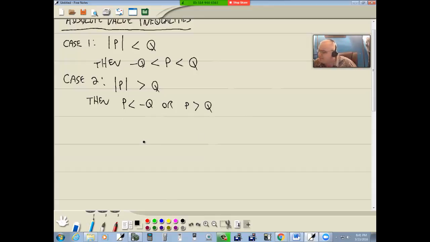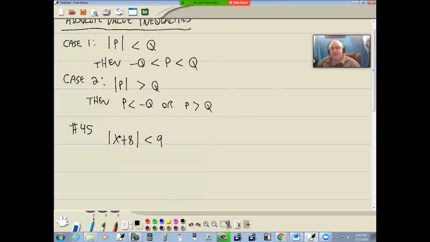Now let's take a look at some examples. Let's look at number 45. 45 says we got the absolute value of x plus 8 is less than 9. Same section. Now these forms have to have the absolute value by itself on the left side.